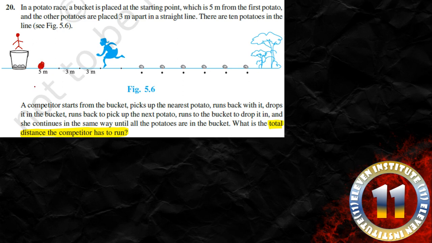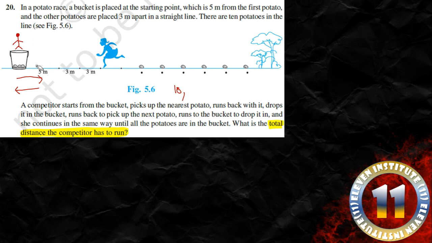The first potato is present over here at a distance of 5 meters. The competitor will go over here, pick the potato, return back and drop the potato over here. So how much distance will the competitor travel? 5 for going forward and 5 again for moving backward. So competitor has traveled 10 meters of distance to collect the first potato.